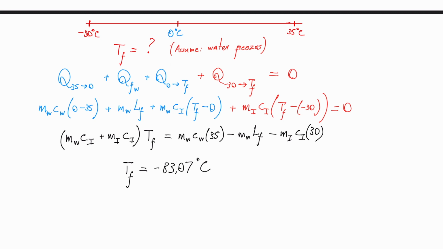But what will happen to the ice? Because the ice is absorbing energy from the water, its temperature will go from -30 to TF. But remember, we have assumed that TF is here, so the ice will not melt because TF is on the left side of the 0 point. Okay, I hope that's clear.